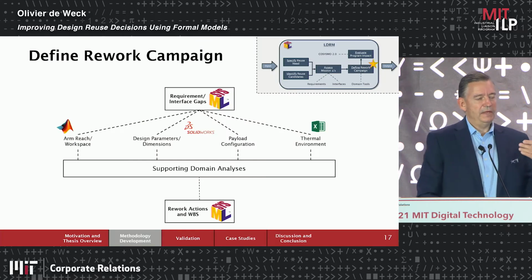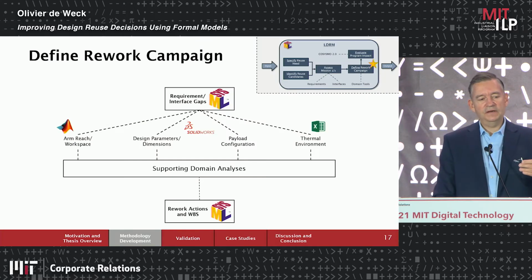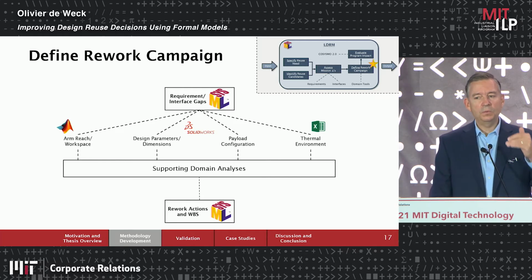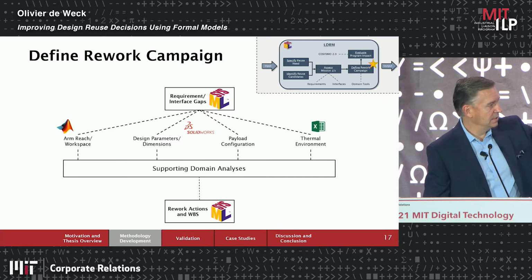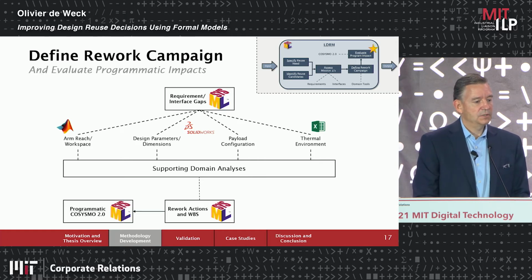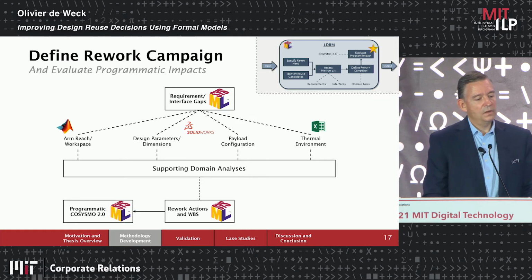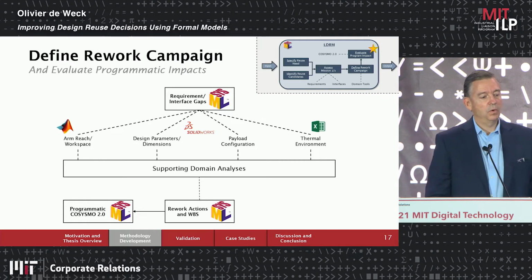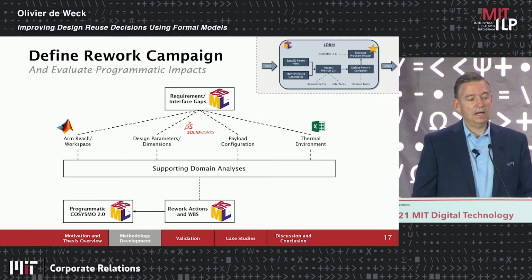So fundamentally, in the end, you have to say, is it worth it to reuse or not? How much change do we have to make to the system? And what are the rework actions and changes to the WBS, the work breakdown structure, which you see at the bottom here. And so one of the other things we worry about, of course, is, well, how much rework effort is this?